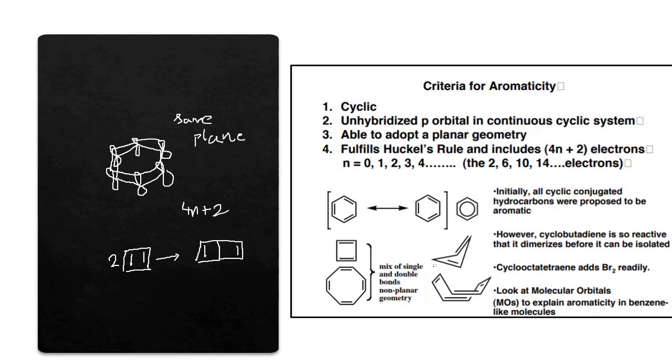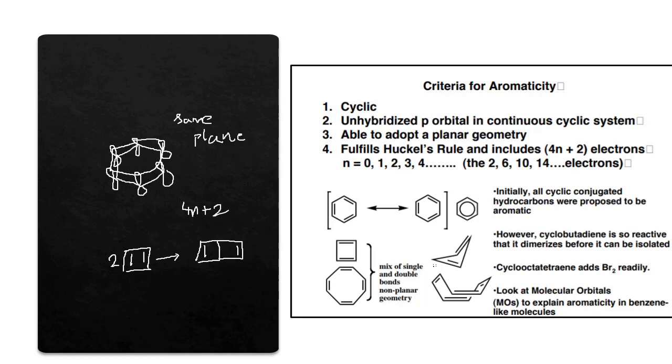There is one fundamental question that always arises whenever we discuss aromaticity. The question is, why do we say that an anti-aromatic system is less stable than a non-aromatic system, which is less stable than an aromatic system?